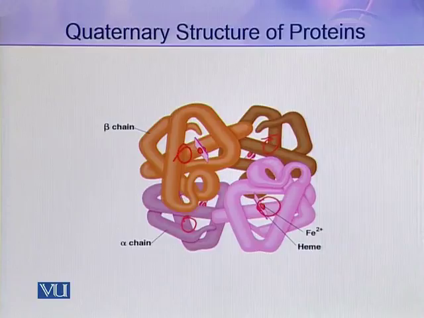But look at this, the 2 subunits, this and this, are identical, and the other 2 subunits, this one and this one, are identical. So a hemoglobin molecule contains 4 subunits, in which 2 alpha subunits are similar and 2 beta subunits are similar. So in this way, you can say hemoglobin is a tetramer.